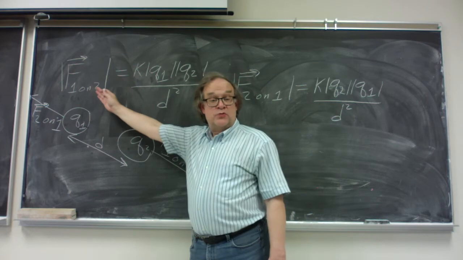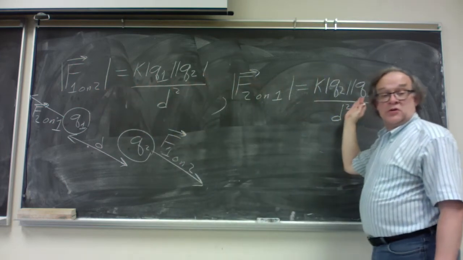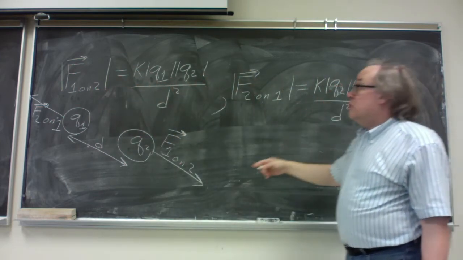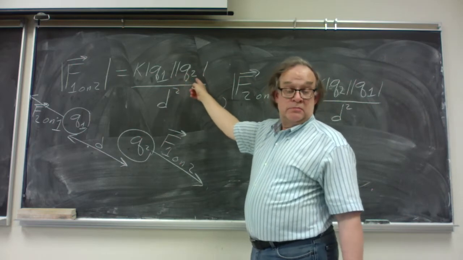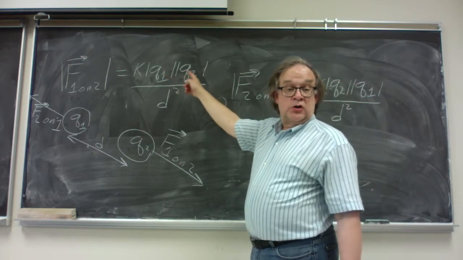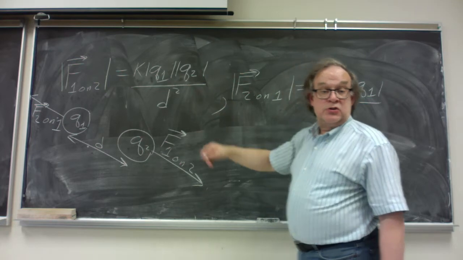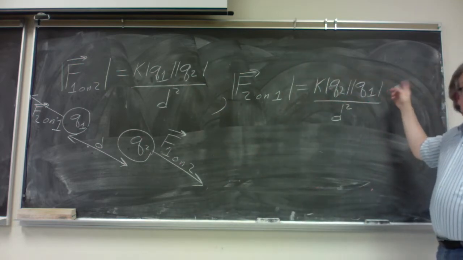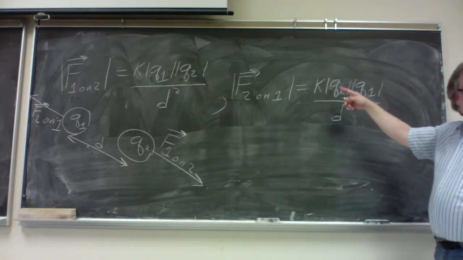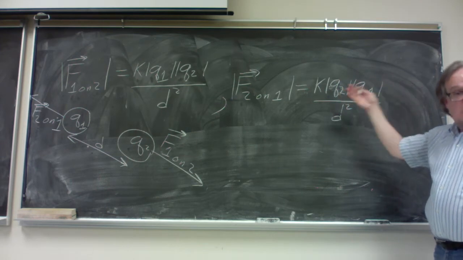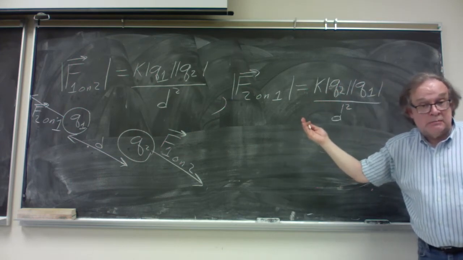But now compare this force to this force. In the numerator of both, you've got the same product. Absolute value of charge 1 times absolute value of charge 2. And then here you've got absolute value of charge 1 times absolute value of charge 2. The numerators are the same.